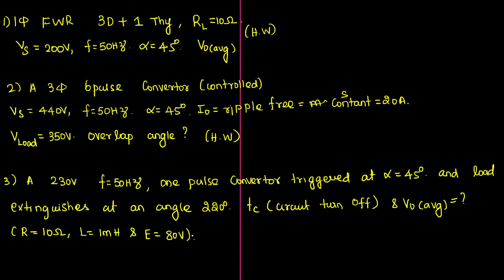Okay, this is what given. Try, see, this is very easy question. You all know the meaning of extinguishing angle also. We have already did these things, right? Yes, sir. Next.